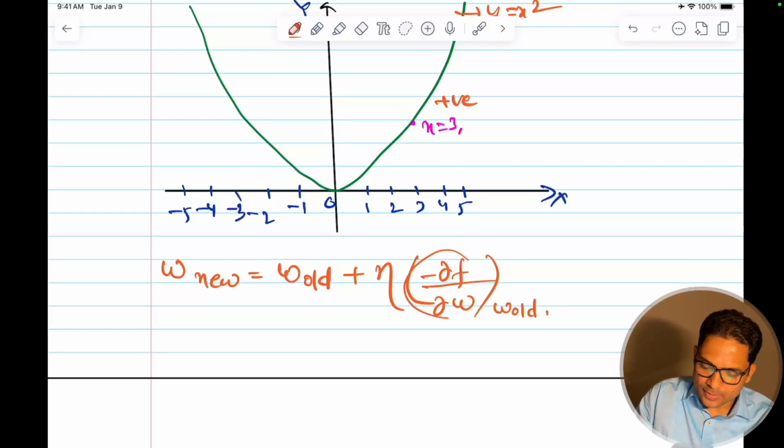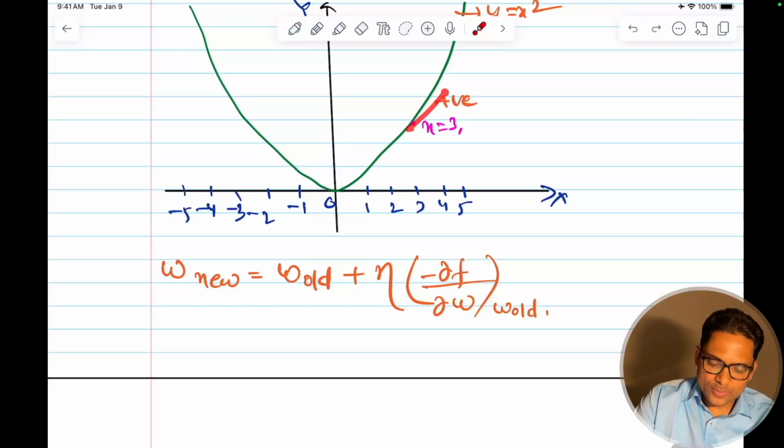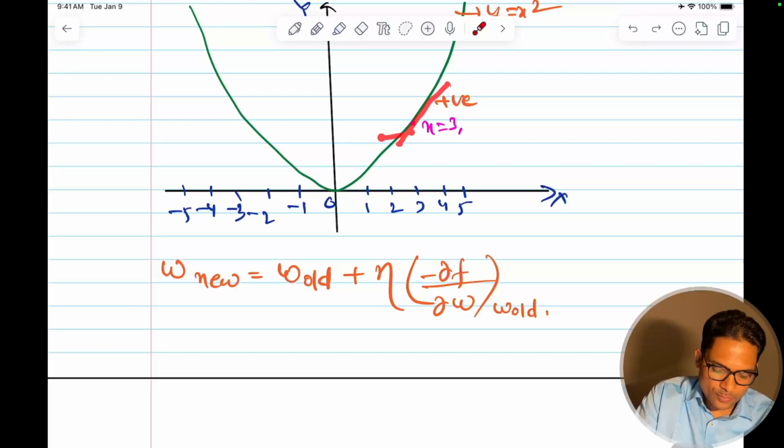I'm explaining this part: moving on the negative side of the gradient will always take you towards the minima. Here the slope is positive, and the old value was, say, 3. With the negative of the slope, since the slope is always increasing here, I will move in this direction. So I'll get a negative value, because df by dw is positive here.